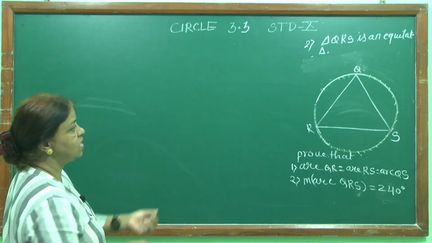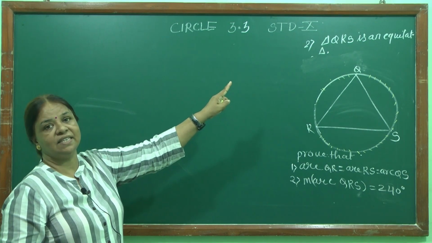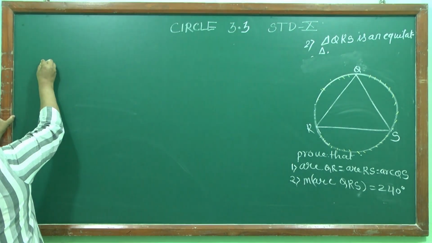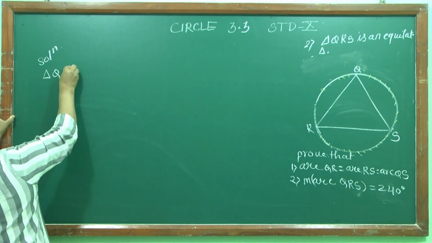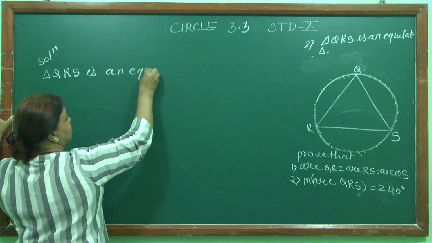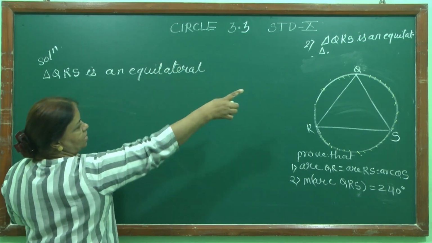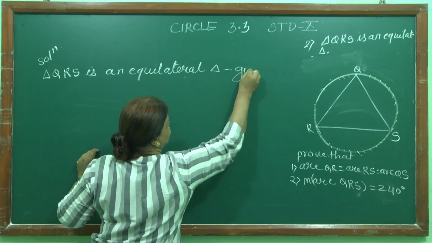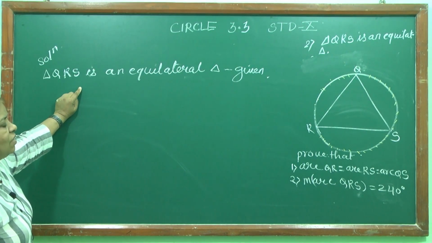Let's begin with what is given first. It is given that triangle QRS is an equilateral triangle. Solution: triangle QRS is an equilateral triangle.